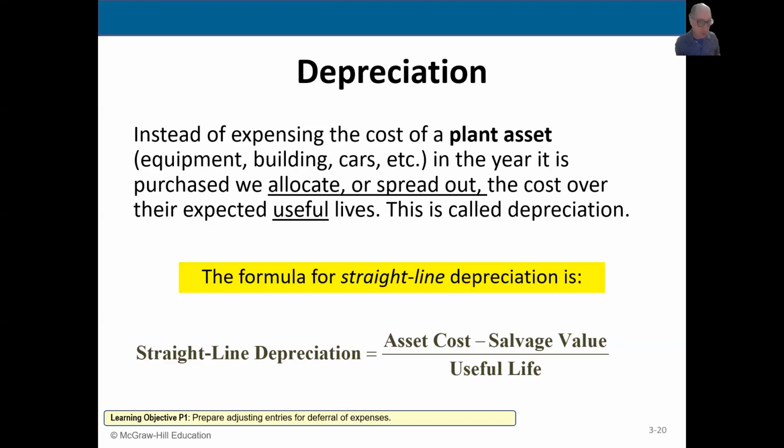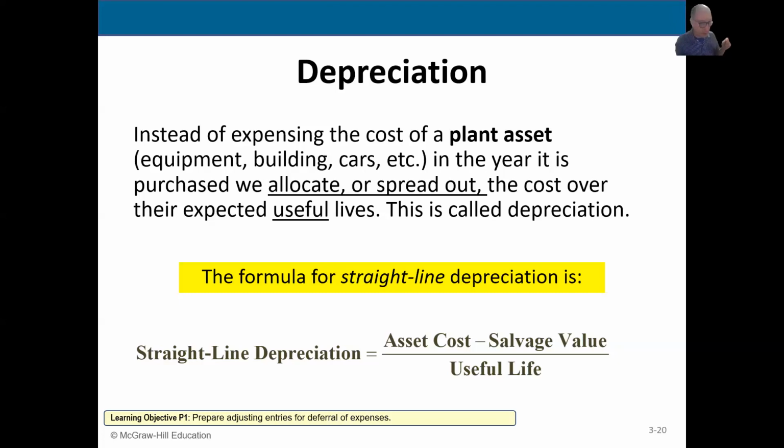Okay, so let's say you bought a $25,000 car. The cost of the asset is $25,000. Its salvage value is whatever it might be worth at the end of its useful life. We'll say $8,000. Okay? $25,000 minus the $8,000 divided by its useful life.